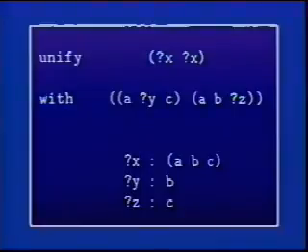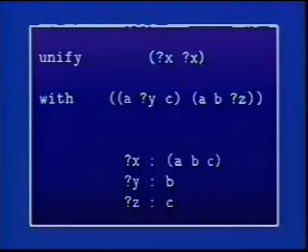And I unify that against the pattern that says there's a two-element list, where the first one is A and something and C, and the second one is A and B and Z. Then what the unifier should tell me is, in that dictionary, X has to be A, B, C, and Y has to be B, and Z has to be C. Those are the restrictions I'd have to put on the values of X, Y, and Z to make these two unify, or in other words, to make this match X and make this match X.